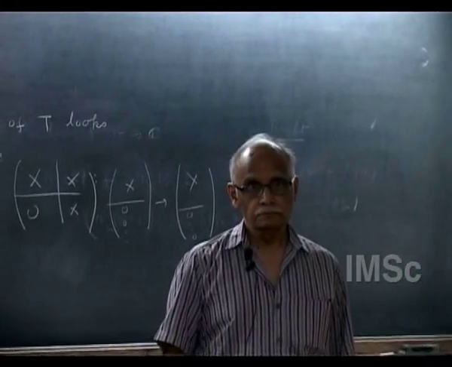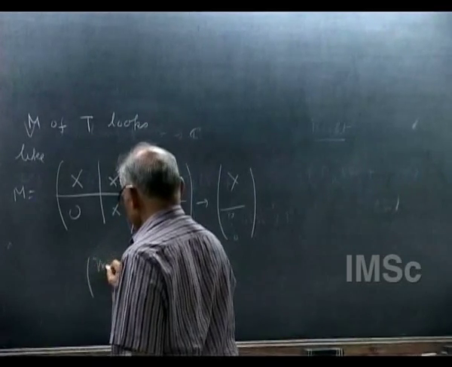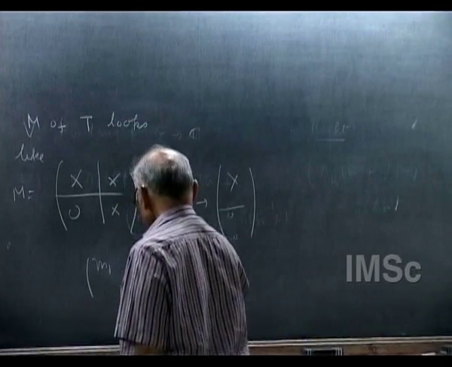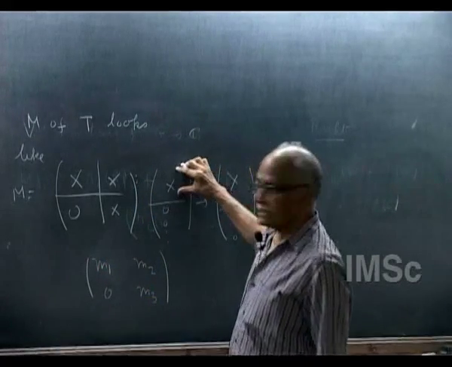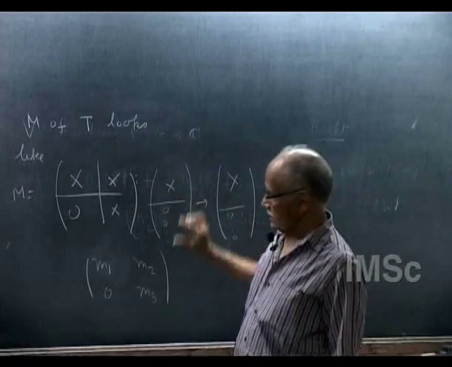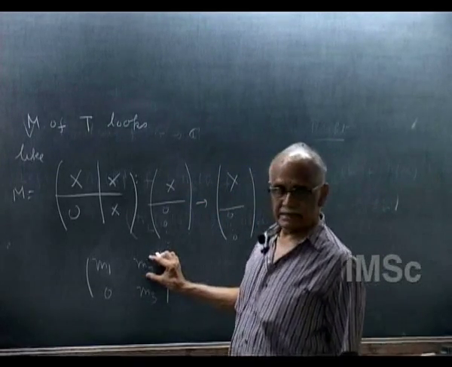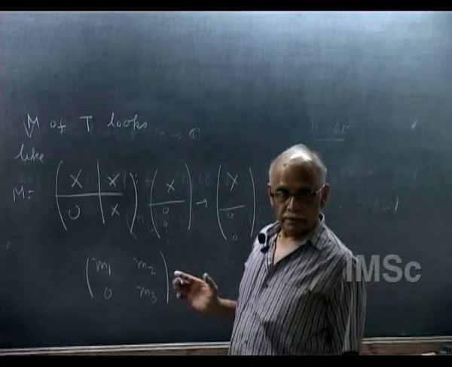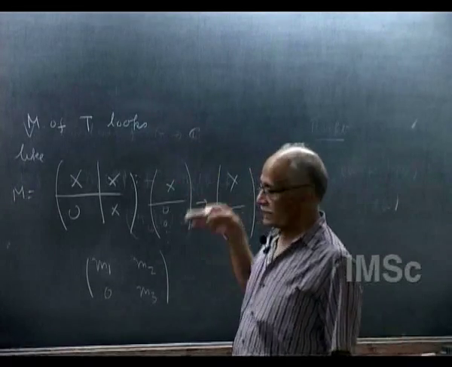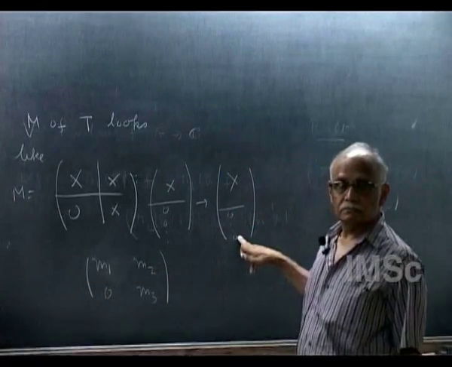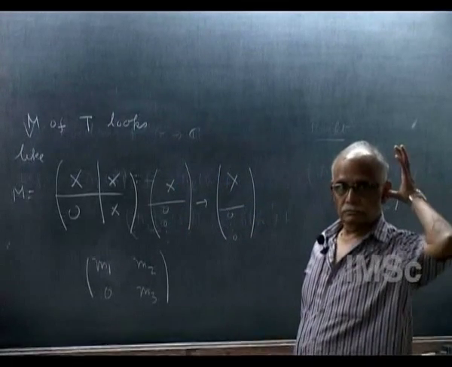So any M1, M2, M3, 0, where M1 is a square matrix of size adjusted to this, M3 is a square matrix compared to this one, and this is a rectangular matrix, will do the job. It will not bring the zeros back. That is all I need: if I take vectors in V0, I should stay in V0.